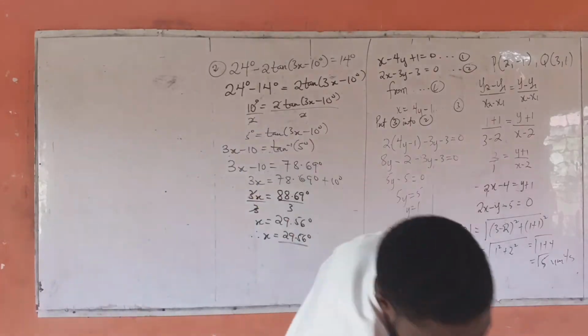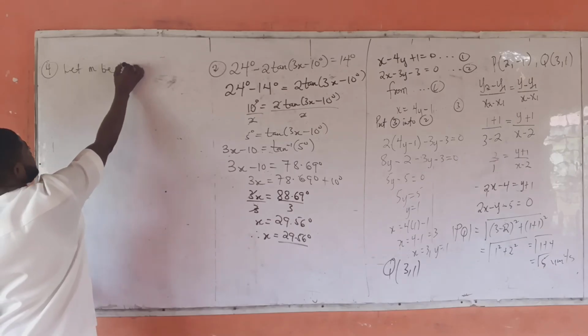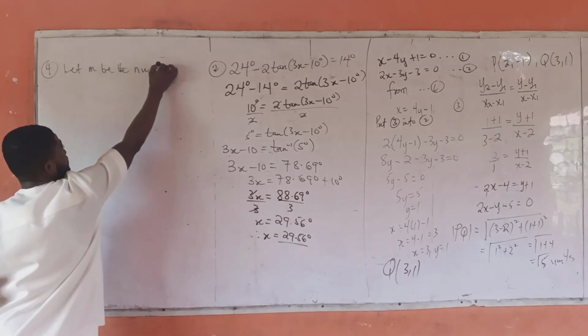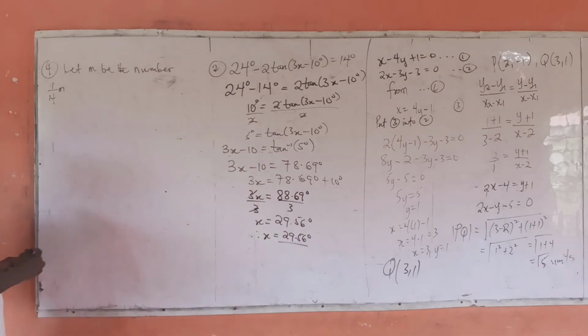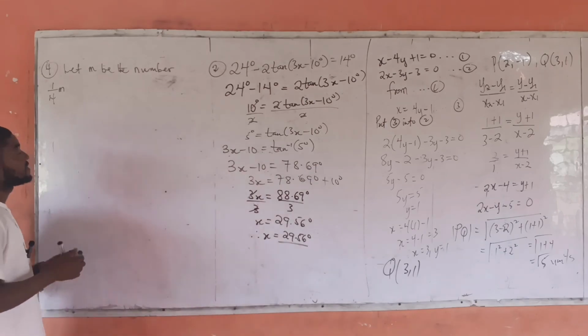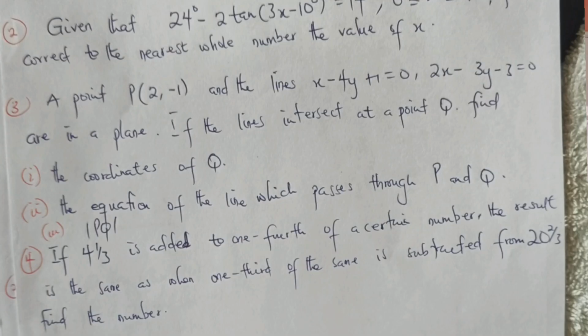Now the last question reads: if four whole number 1/3 is added to 1/4 of a certain number, so we let m be the number. 1/4 of the number is 1/4m, and then we're told that four whole number 1/3 was added to this number.